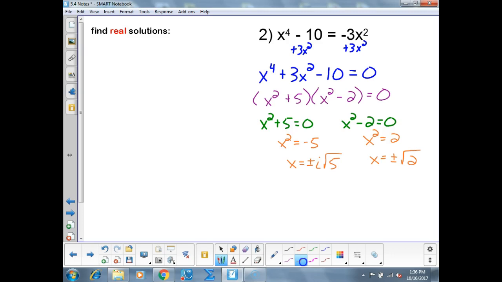Do I like I times the square root of 5 for an answer under these directions? Why not? Not real. They're imaginary. Okay? So those go away, leaving me with just plus and minus the square root of 2 as my answers.